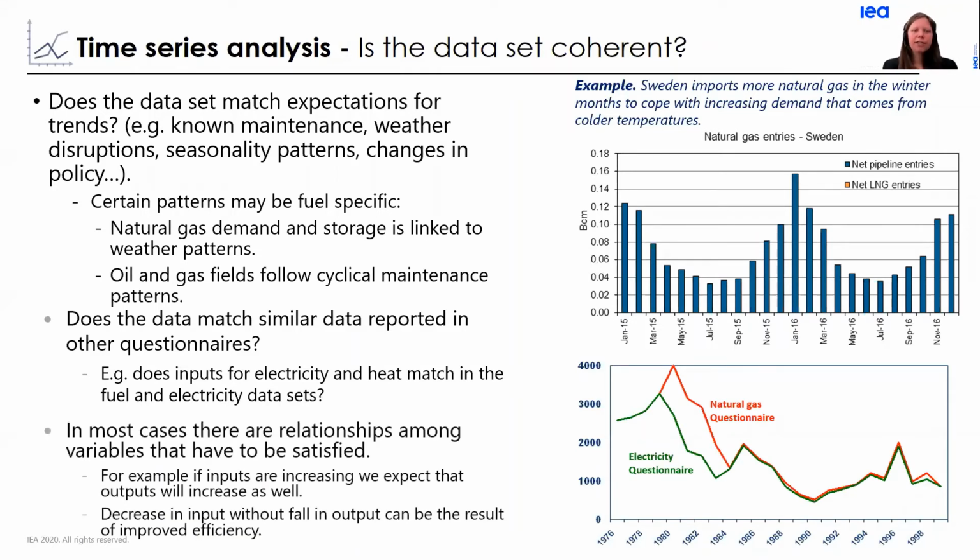And last but not least, in most cases, among the different variables, there are relationships, and we would want to satisfy them. For example, if inputs are increasing, we would expect the outputs to increase as well. And if that's not the case, we would want to be sure that this is a result of something that we can explain, for example, improved efficiency. So then we can compute the efficiency to make sure this is the case.